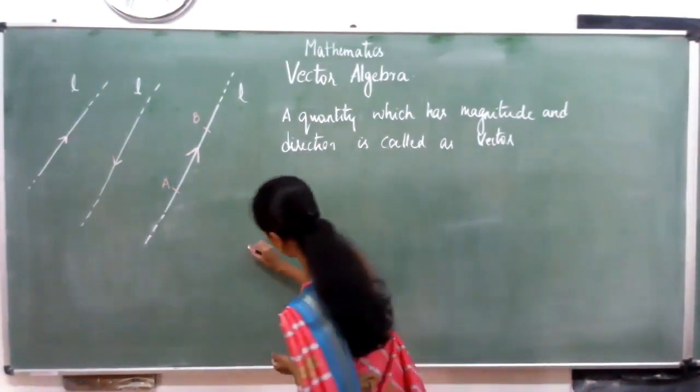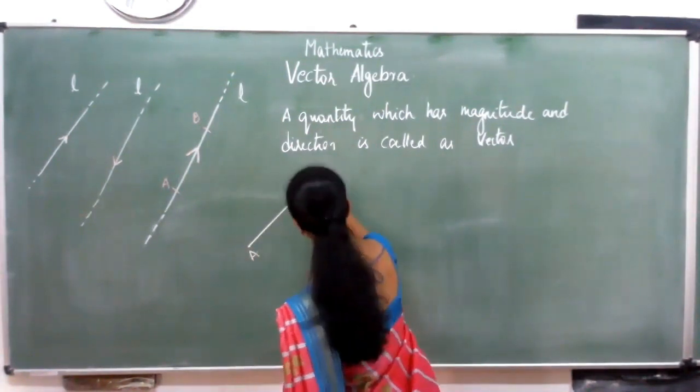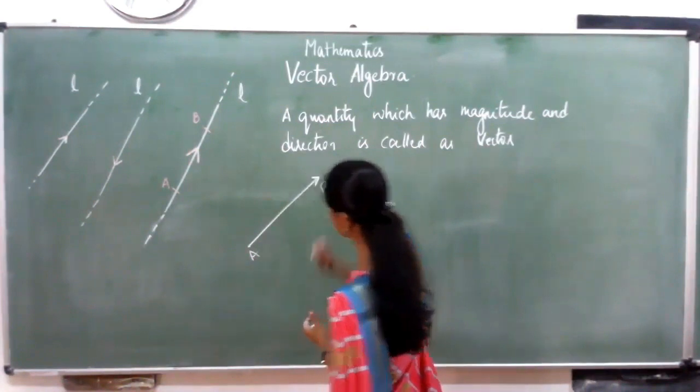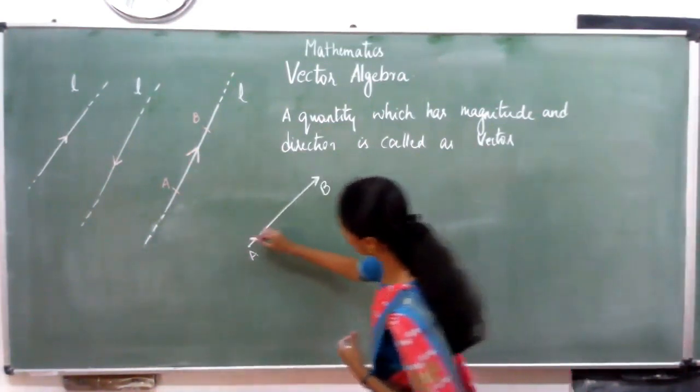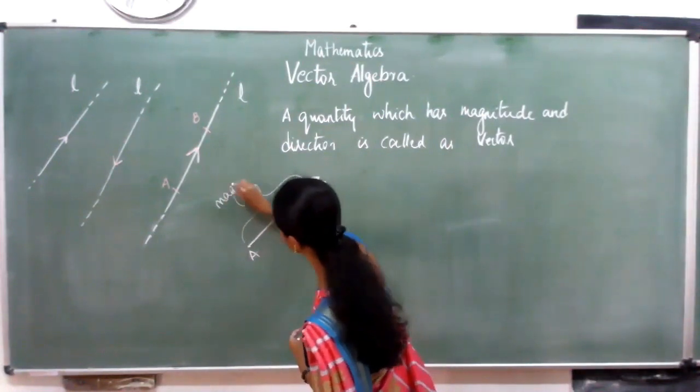So if I take this line segment, this is A, this is B, and this is directed like this. This is called the magnitude.